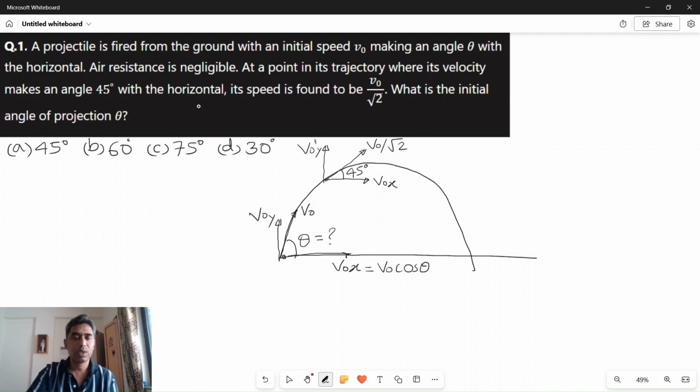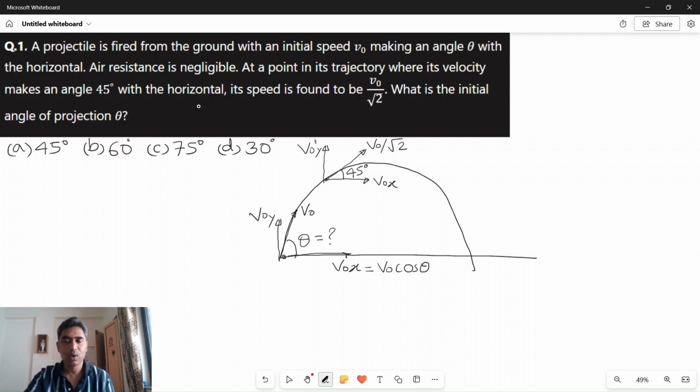Okay. So here we have to understand one thing. In projectile motion, the horizontal component of velocity remains unchanged. So horizontal velocity V naught x is equal to V naught cos theta will be same at this point also. At this point also, this V naught x will be equal to V naught cos theta, and the velocity is V naught by root 2.